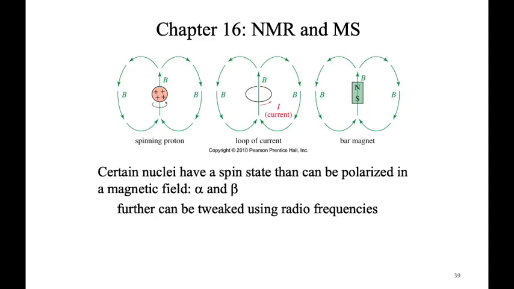Not all nuclei are magnetic. Conveniently, hydrogen, simple hydrogen, is magnetic. And because protium makes up 99% of all hydrogen, we can detect hydrogen in magnets very well. And that's why we look at HNMR.